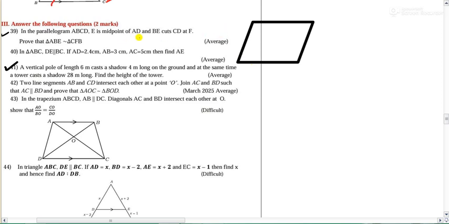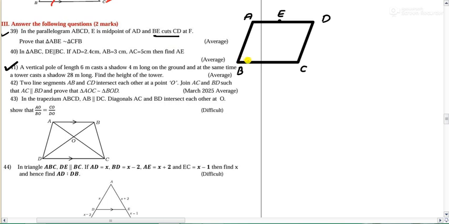E is midpoint of AD and BE cuts CD at F. So I'll name this as A, B, C, D. Now E is midpoint of AD, so here E is there, it is the midpoint. The second data is BE cuts CD at F.